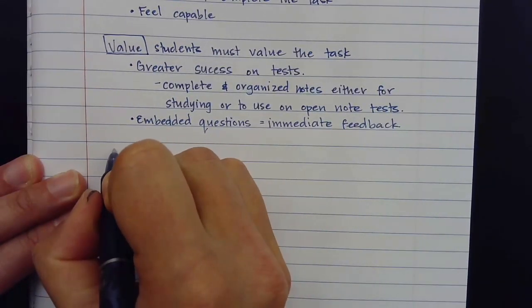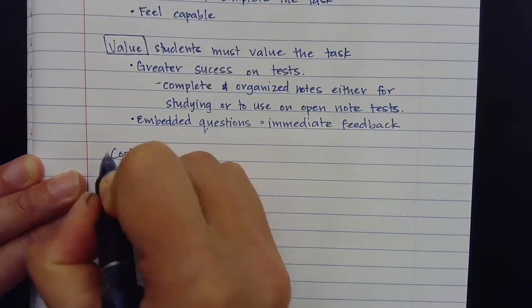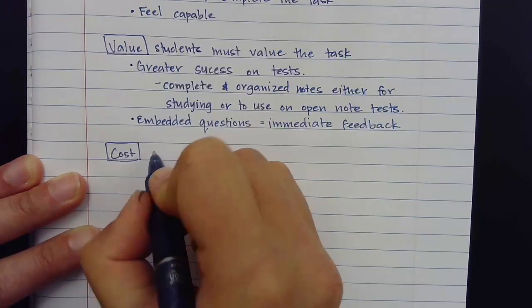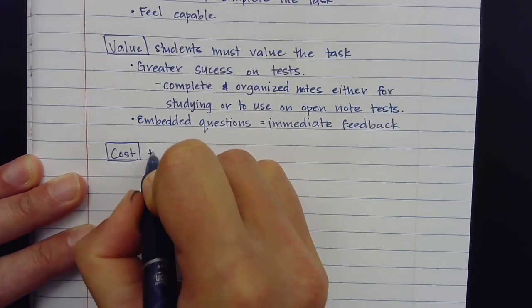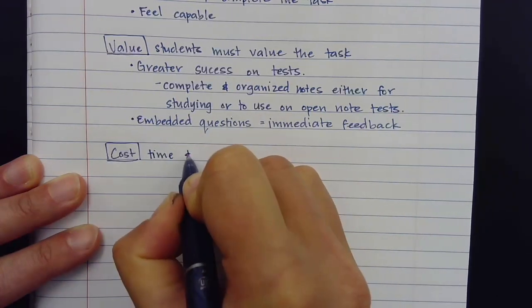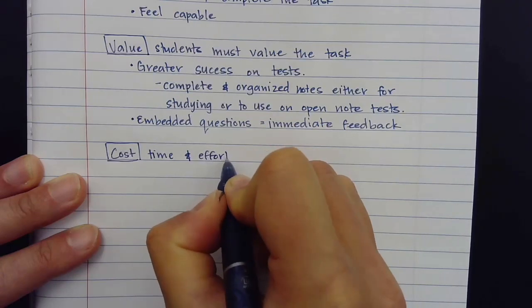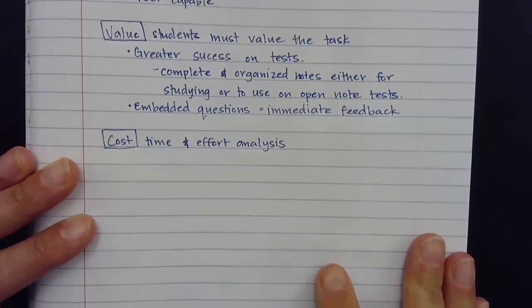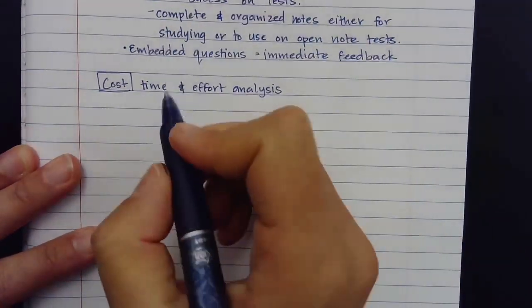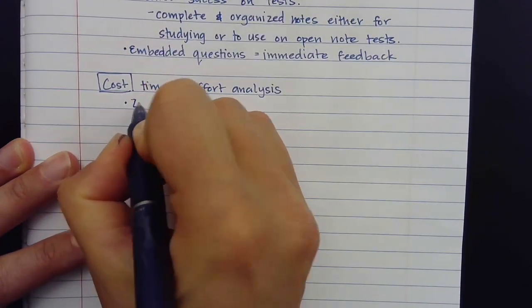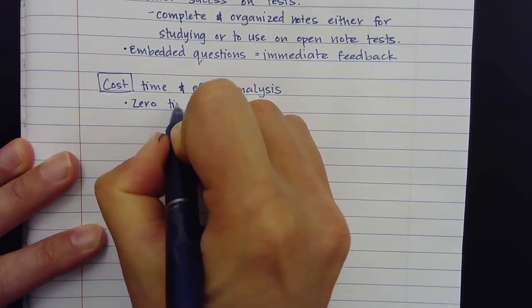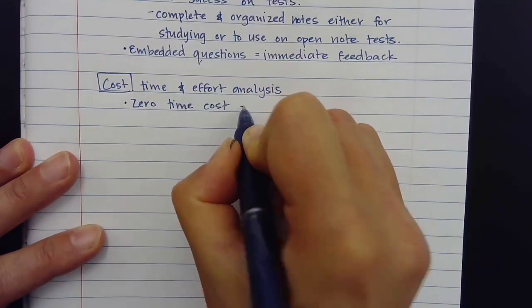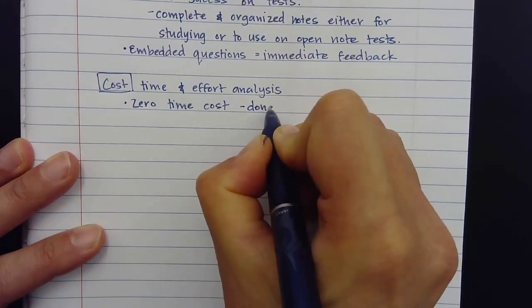And then finally, we have the cost. And cost is a time and effort analysis. So there is zero time cost with these video notes, and that is because they are done in class.